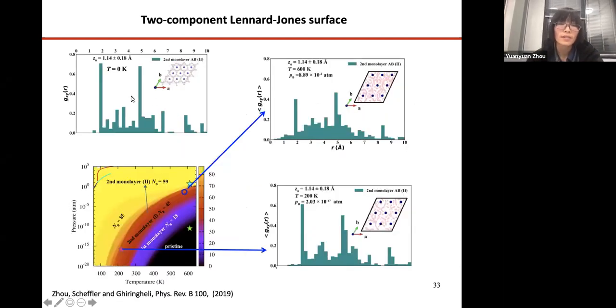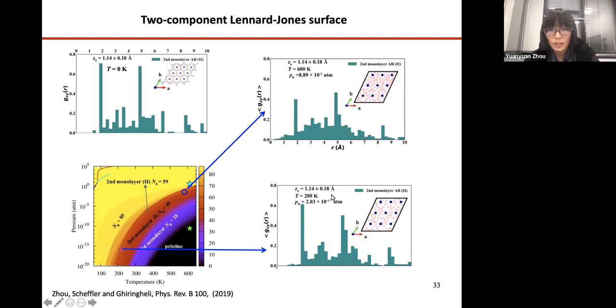And for the second monolayer phase 2, a much thinner one, that is NB equal to 59, this is the lowest energy isomer, and the B particles occupy approximately the bridge sites and the hollow sites, forming reed-like structures along the projection of the surface atoms.